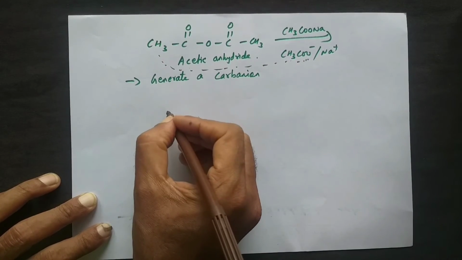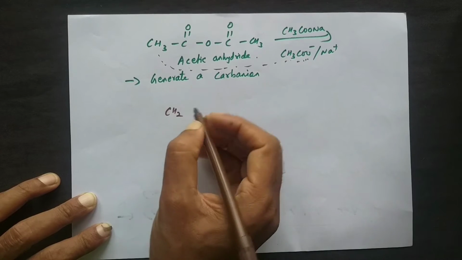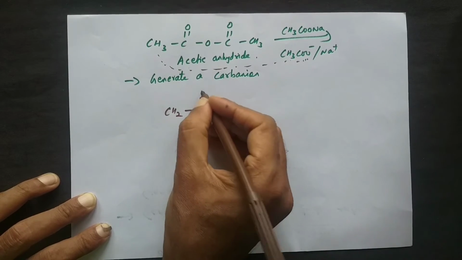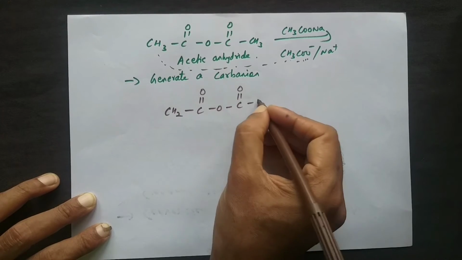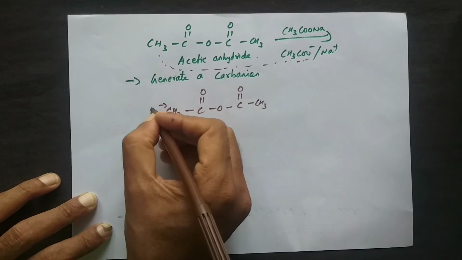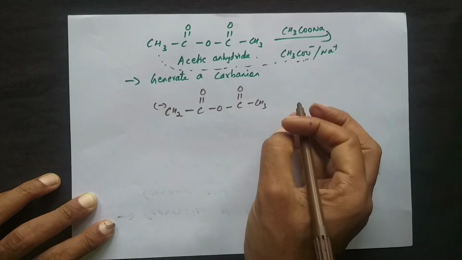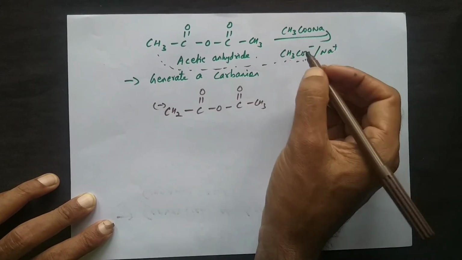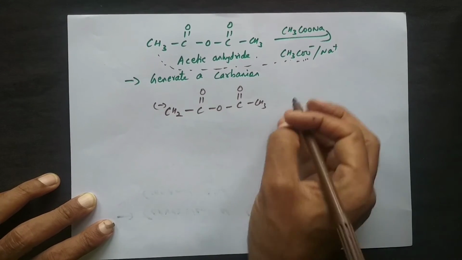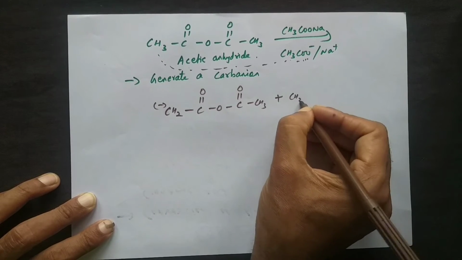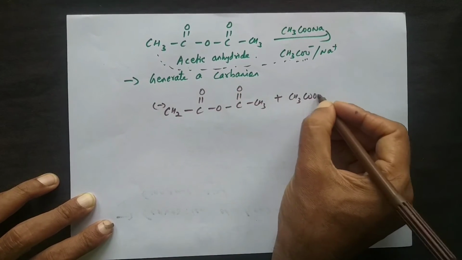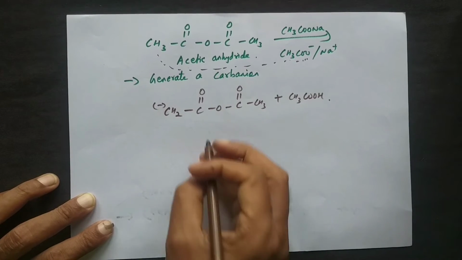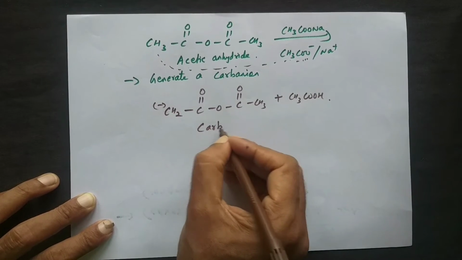So what you get now is CH2, C double bond O, then the oxygen, then C double bond O and CH3. Now this will become negative. So this will be the product, plus acetic acid, because the acetate ion has taken a hydrogen from here. So this will be the carbanion.